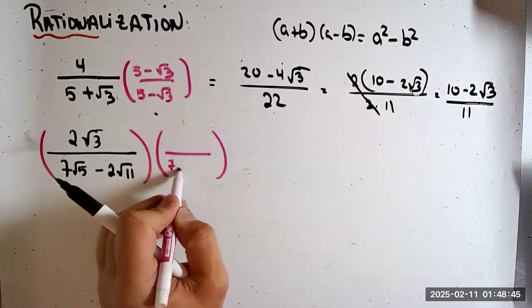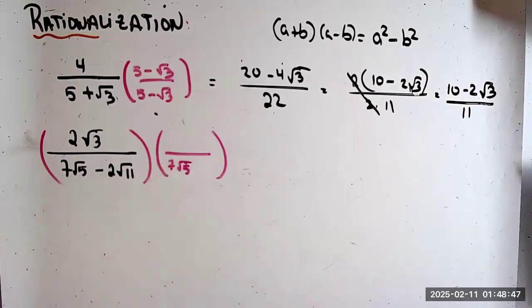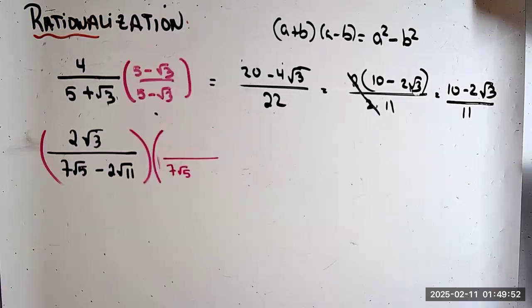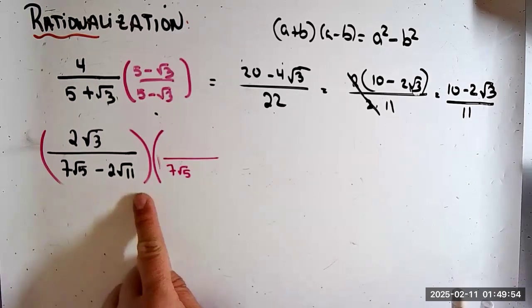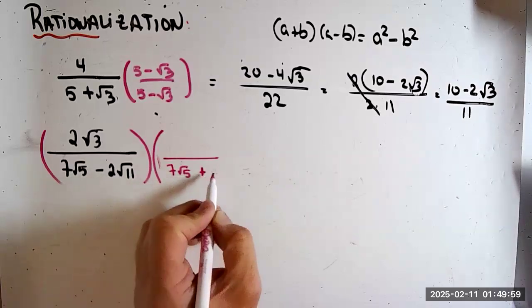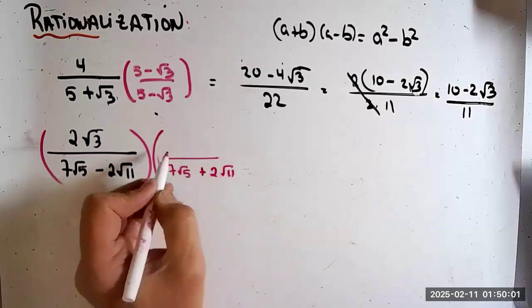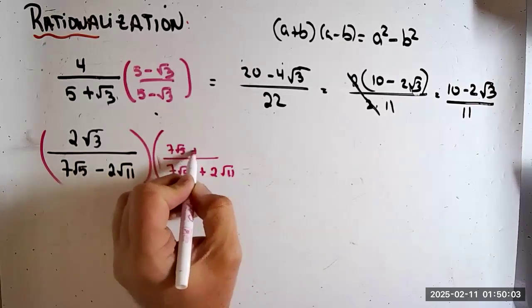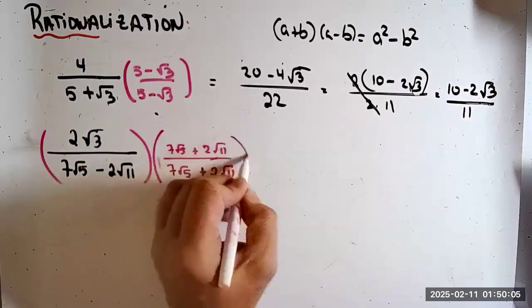The conjugate is 7 radical 5. So the conjugate would be 7 radical 5 plus 2 radical 11.